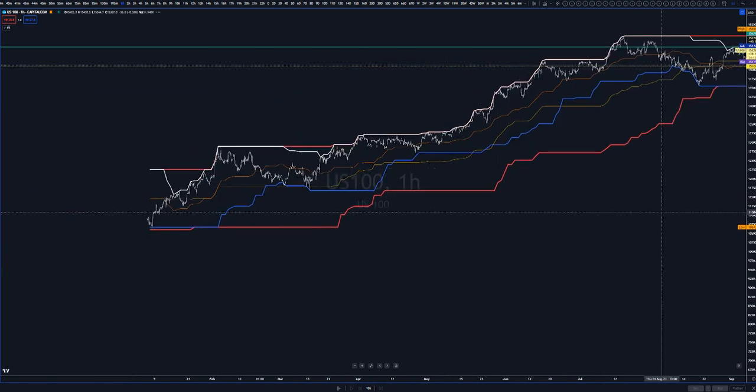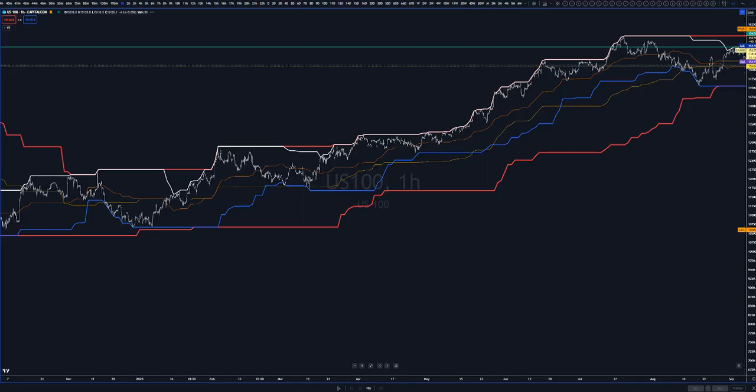At the beginning there was this hot period where we changed the strategy, and then here we covered, we bought, and our stop was moving that way.